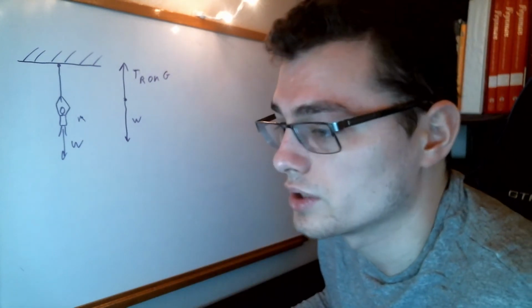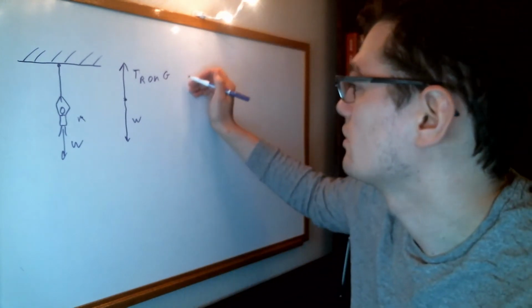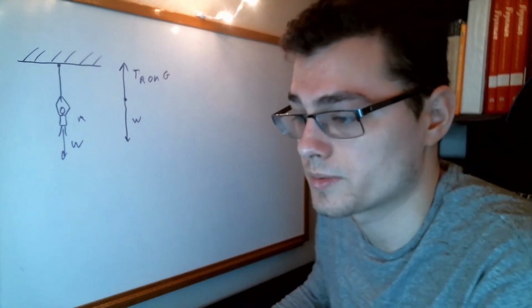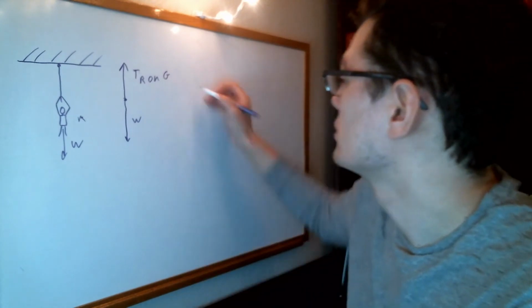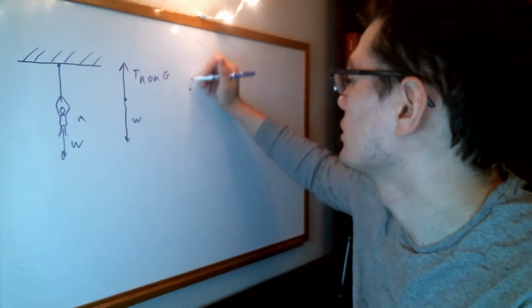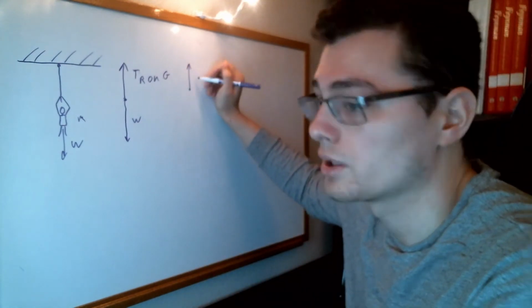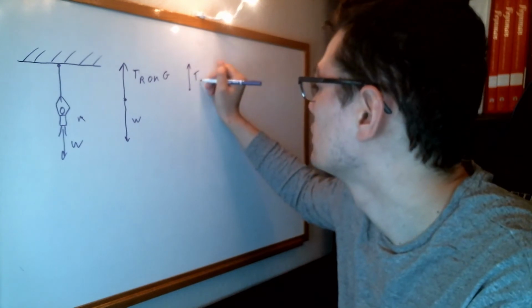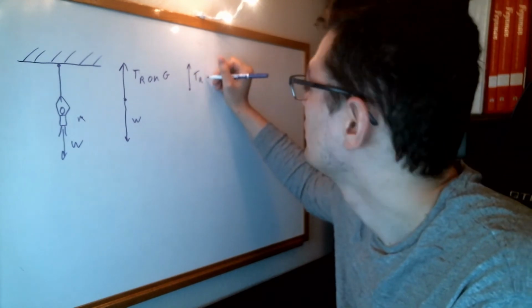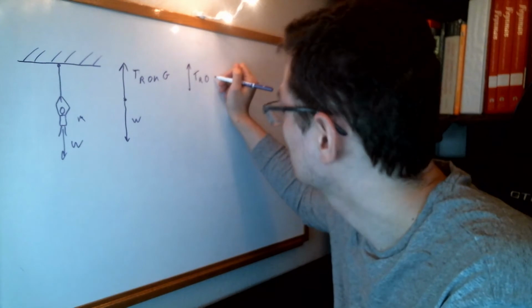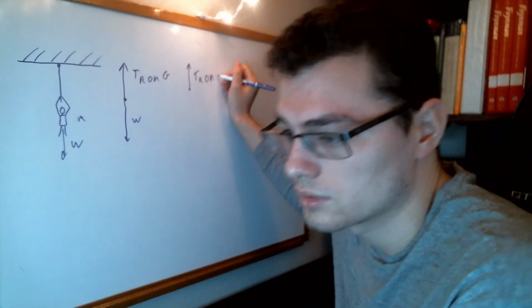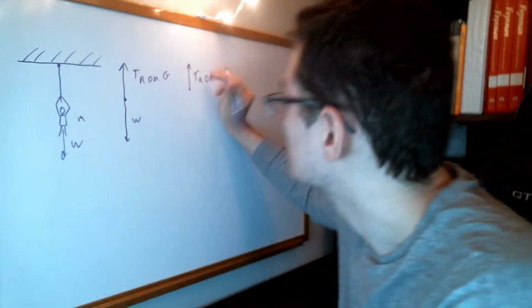And so what we can do is we can say that we can draw it from the rope's perspective. We can take some random point on the rope, and we can say, all right, well, this is now the tension of the rope on the ceiling, or the ceiling on the rope.